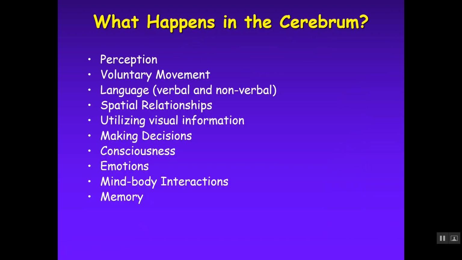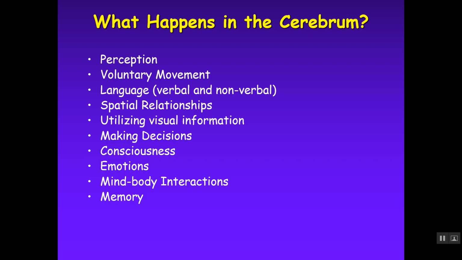So what happens in the cerebrum? We're up here now. We formulate things and integrate things. So perception of our world, voluntary movement, language. I would love to spend more time understanding language, it's so fascinating, both verbal and nonverbal.